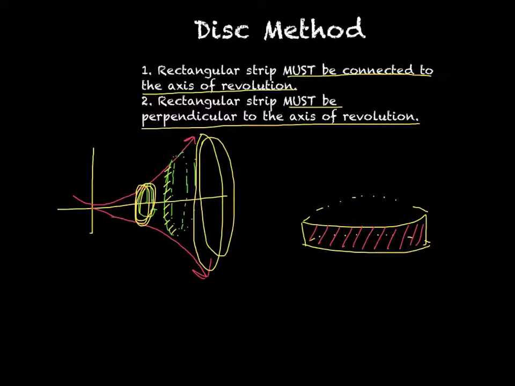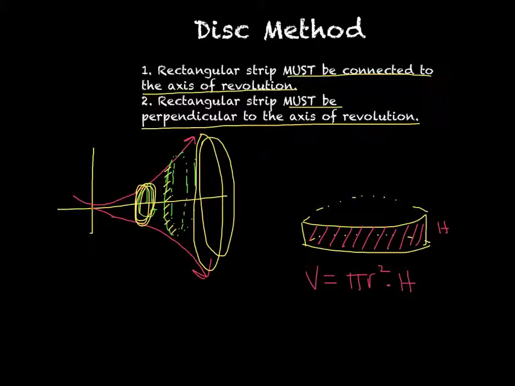Well, we know from geometry that the volume is the area of the base, and the base is a circle for all of these. So the area of a circle is pi r squared times the height, so it will just be pi r squared h. In our case, the height is going to be dx.